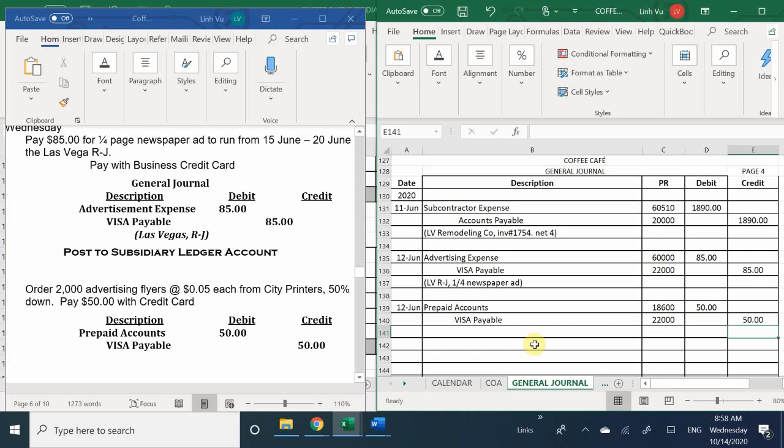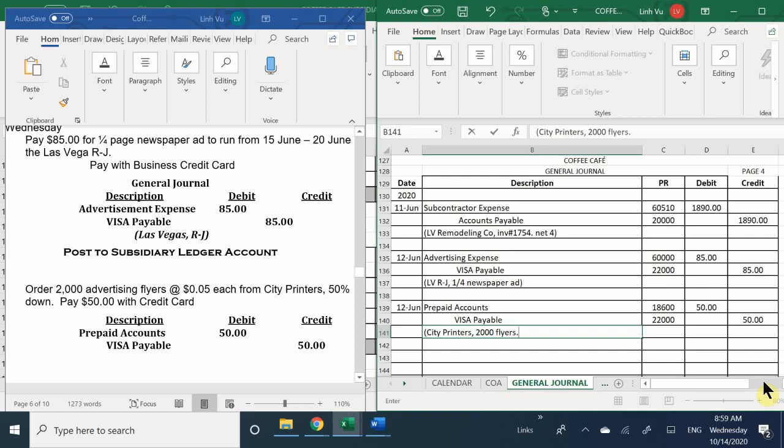We made an advance payment, and we paid with a credit card. So I'm going to indicate here in my journal that my vendor is going to be City Printers. It's also going to be for the 2,000 flyers.